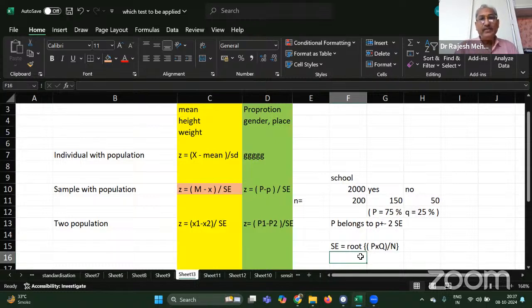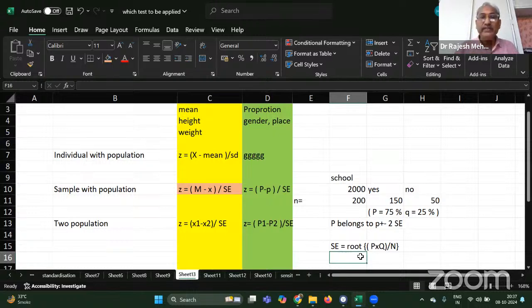If you take a sample and talk about the population based on a sample, naturally you are likely to have some error. I repeat, when you talk about the population based on a sample, you are likely to have some error, and that error is known as sampling error.